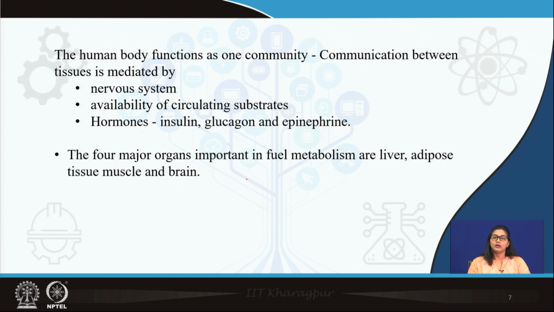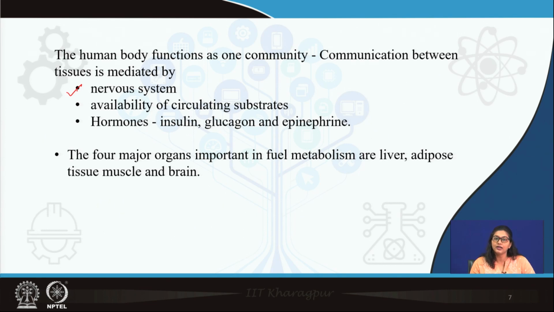So, as we can see, in the human body or any multicellular organism, all the cells, like in a unicellular organism, the functions occur as one community, and this communication is mediated via one very important system, that is the nervous system. Our brain gives the signal through the nerves on how things are to be coordinated.